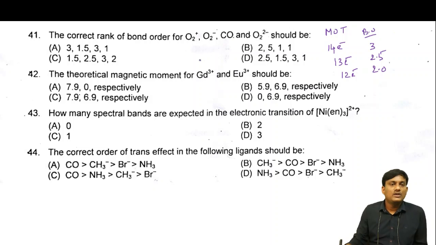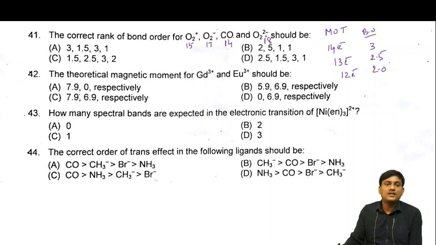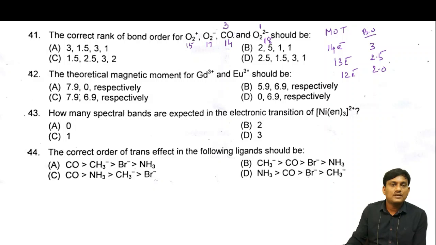So suppose if you take O2+, it's a 15 electron species, O2- 17 electron species, CO is a 14 electron species, and O2 2- is an 18 electron species. In 18 electron species, the bond order is 1, and 14 electron species 3, and 17 it will be 1.5, and 15 it will be 2.5.